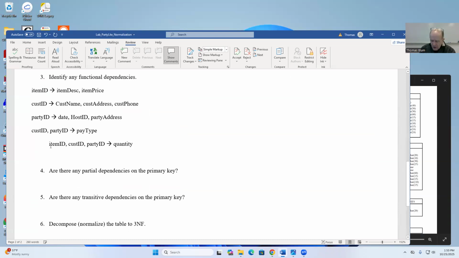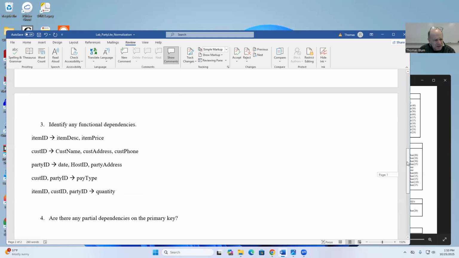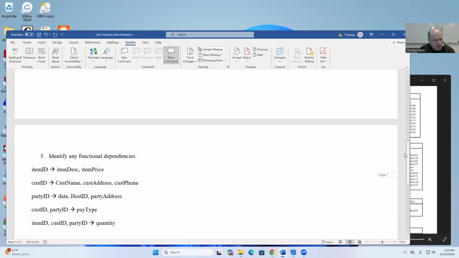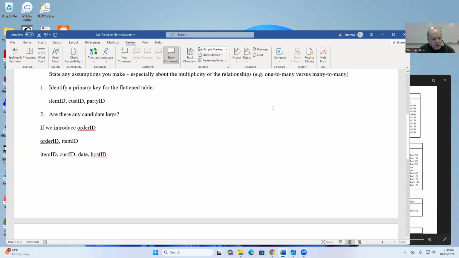Okay. And if there were a sales price or something like that, then that might also determine the sales price if we are keeping price as part of the order details, if you will. But we just put the item price with the item and kept it simple. So we have almost everything being determined somehow by things. If we had introduced the concept of order ID, then order ID would have given us the combination of customer ID, party ID.